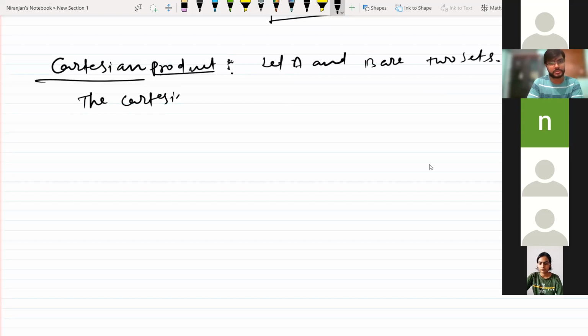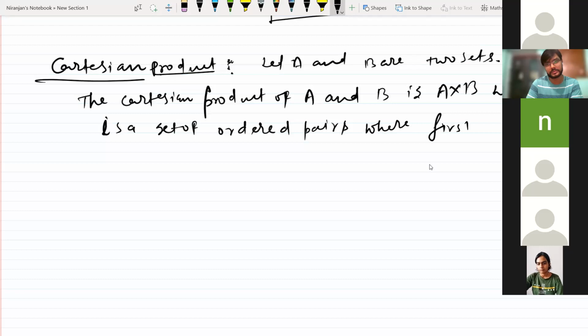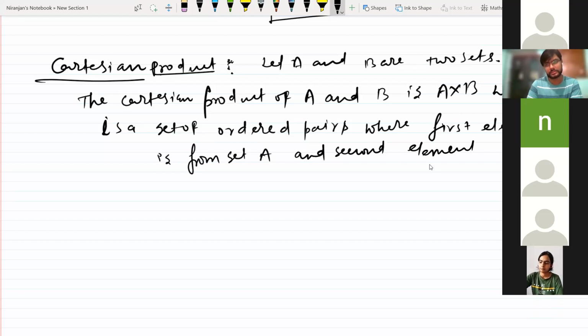The Cartesian product of A and B is A cross B, which is a set of ordered pairs where the first element is from set A and the second element is from set B.